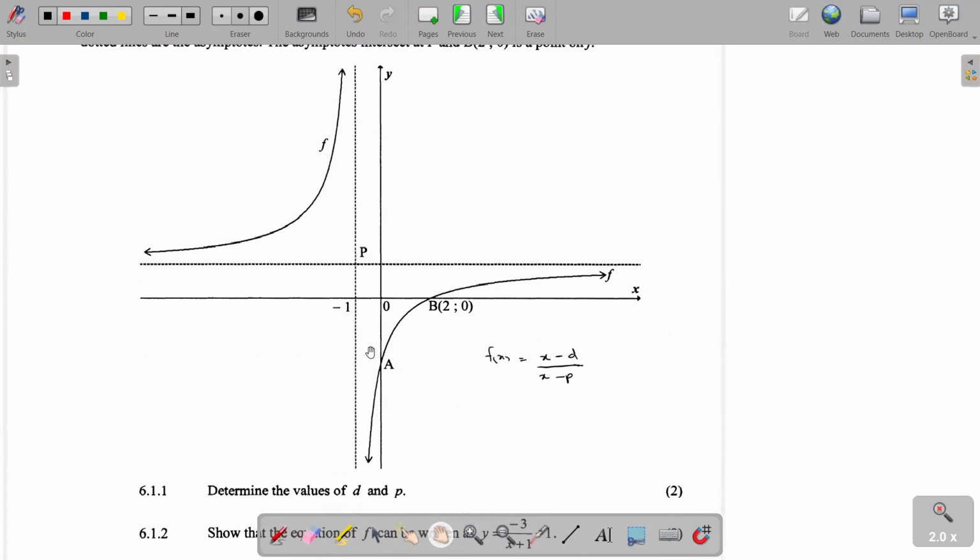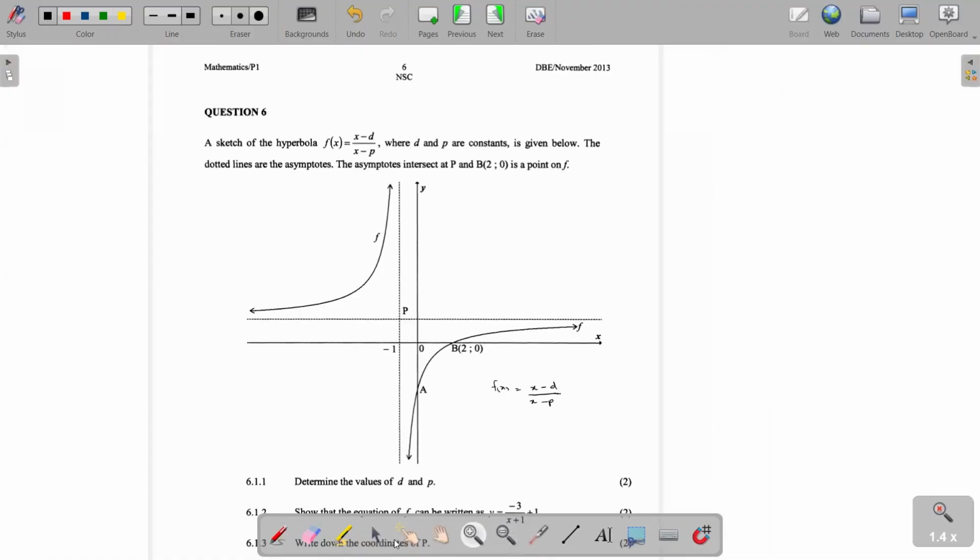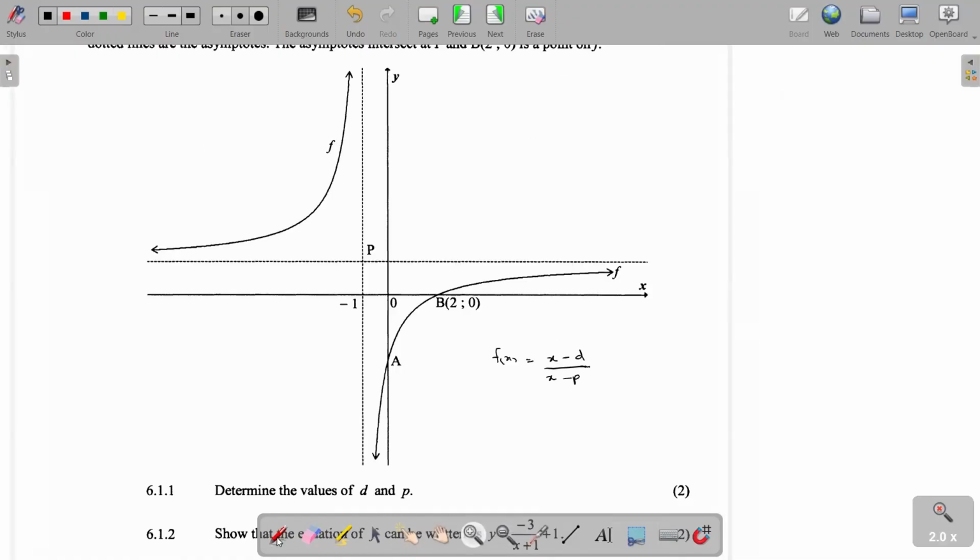So if we check here, we have the equation of the vertical asymptote from the graph. This is question 6.1.1. So the equation of the vertical asymptote is x is equal to 1.